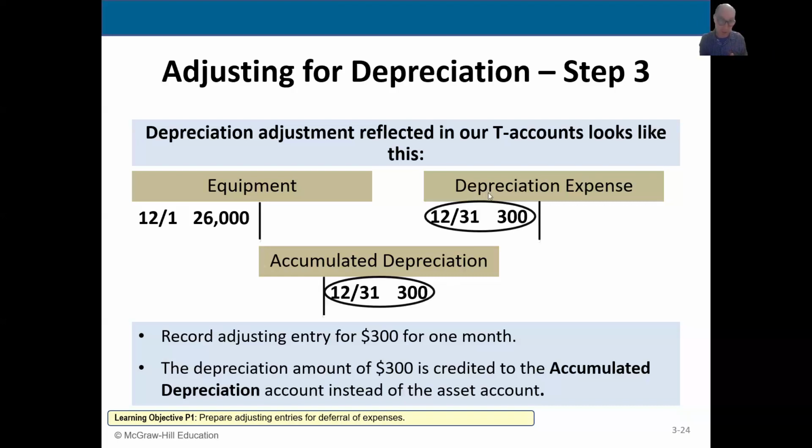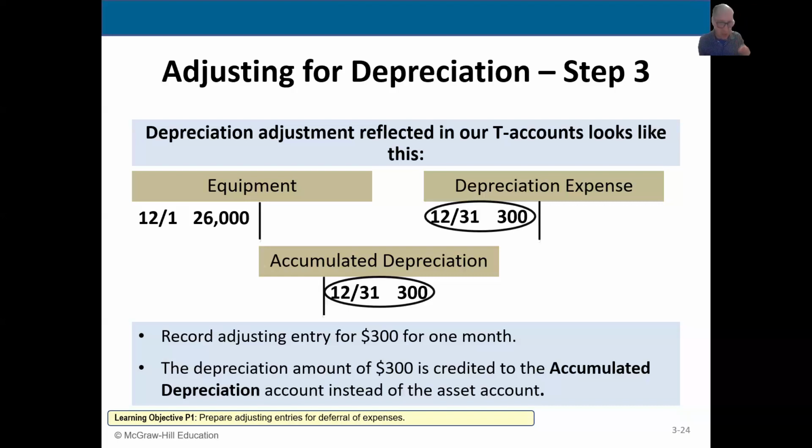So depreciation expense $300, credit accumulated depreciation $300. It's important to understand what accumulated depreciation is. Accumulated depreciation is an account that is called a contra account.